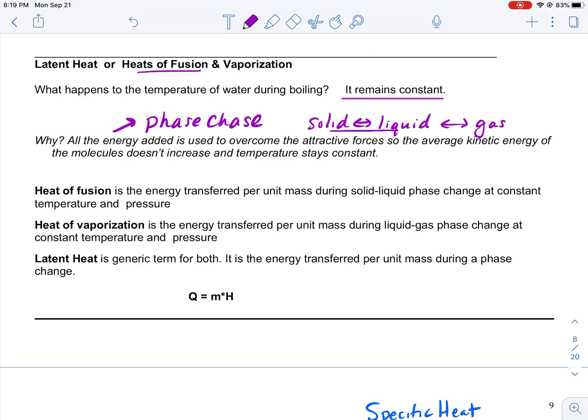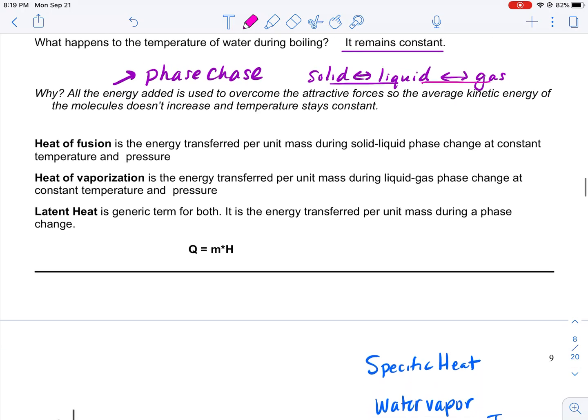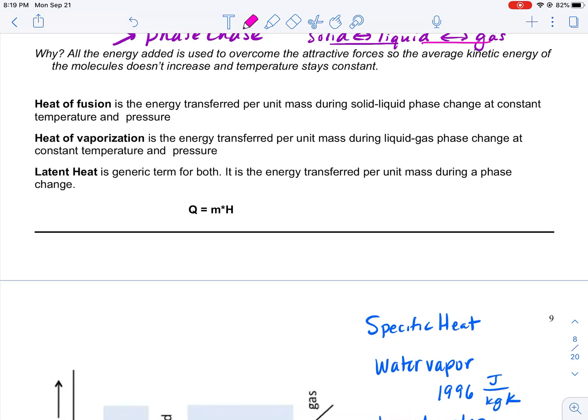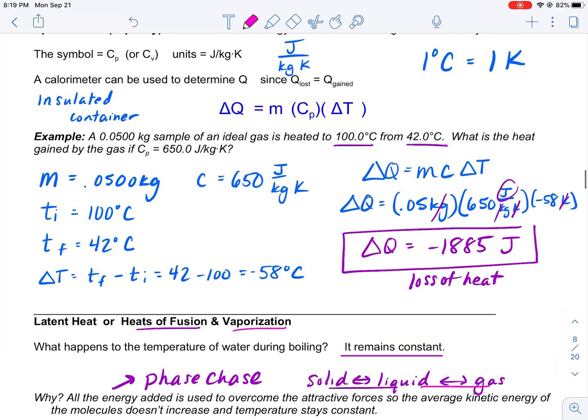When we go between solid and liquid, that is the heat of fusion. When we go between liquid and gas, that is the heat of vaporization. And that's what I've got written here. Heat of fusion is the solid-liquid phase change, and vaporization is the liquid-gas change. With latent heat, or heat of fusion and vaporization, the formula looks similar to specific heat, but not quite the same.